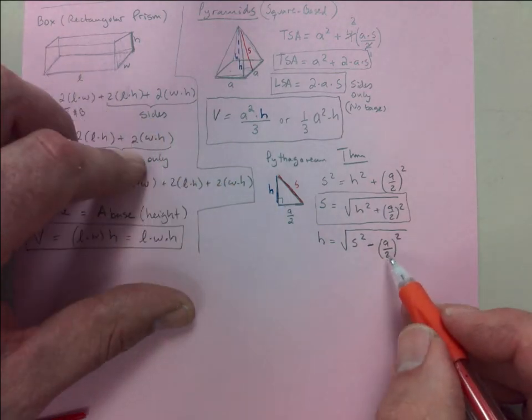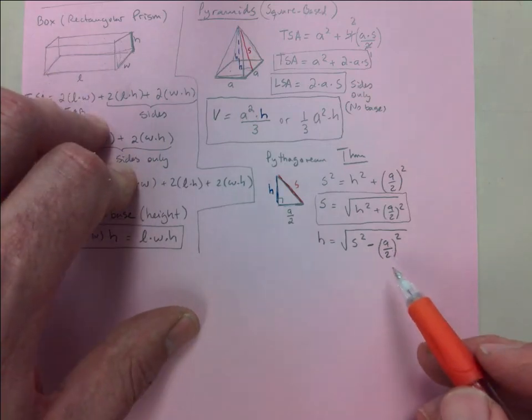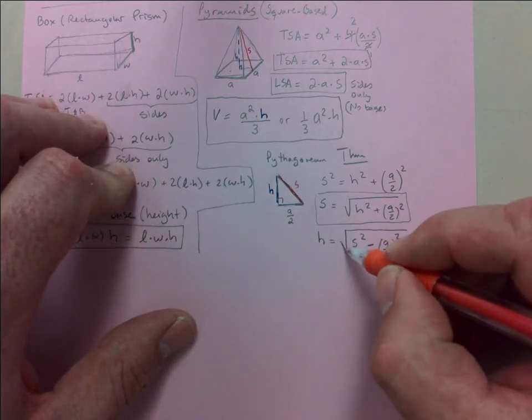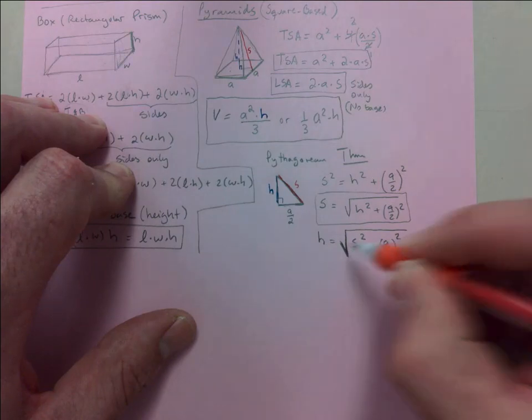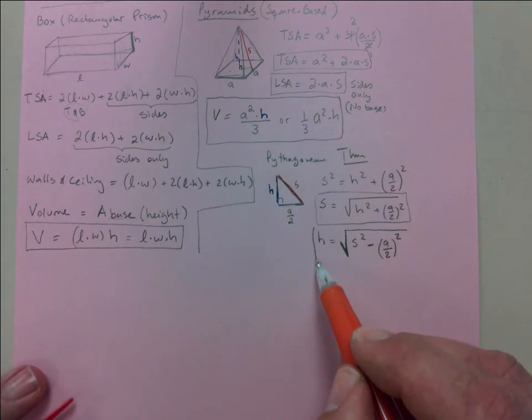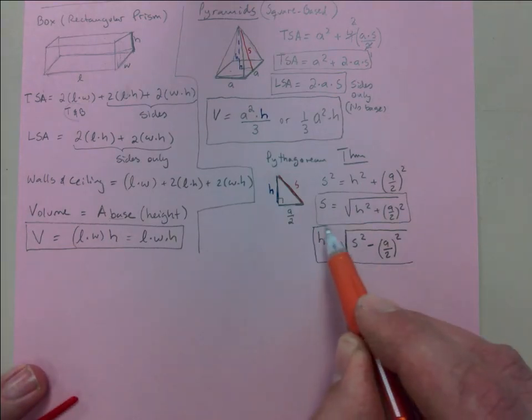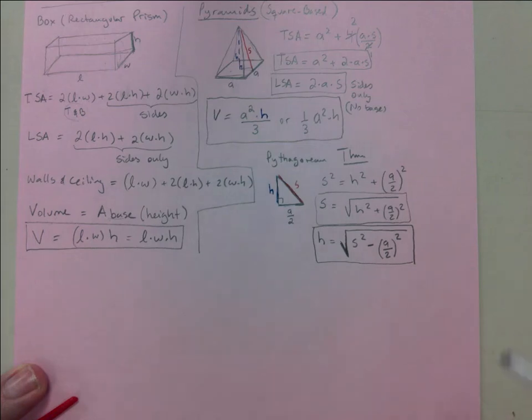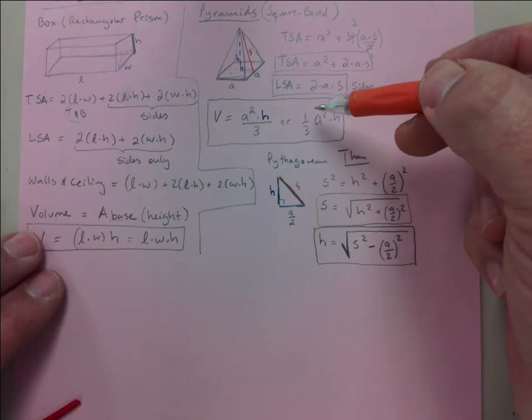But you've got to watch out that you don't double divide by 2. I have to extend my root a little bit to make sure everything is under the same root. This is if you want the height.